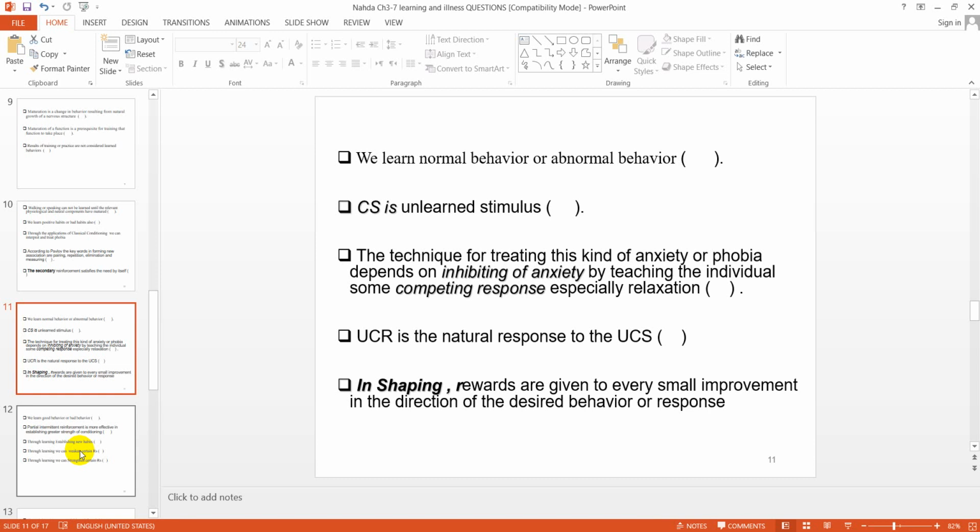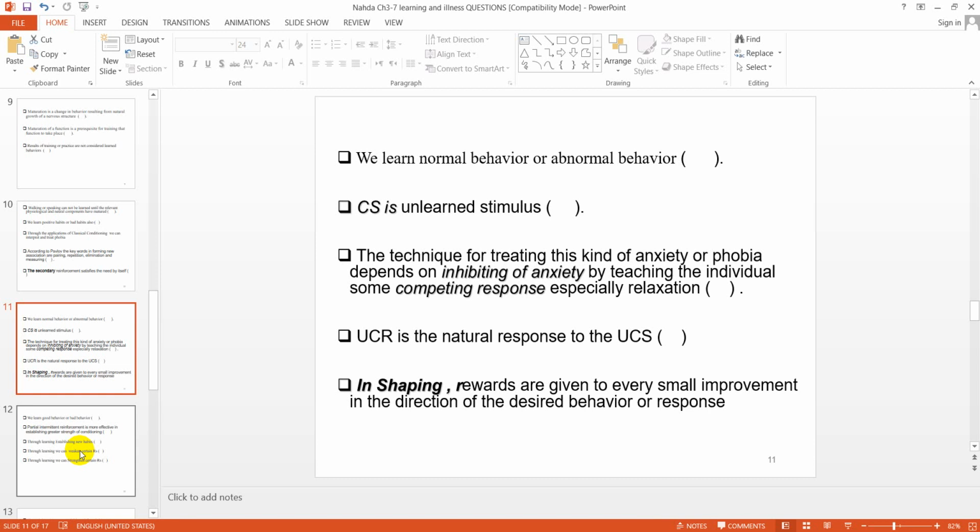The technique for treating this kind of an anxiety or phobia depends on inhibiting of an anxiety by teaching the individual some competing response, especially relaxation.